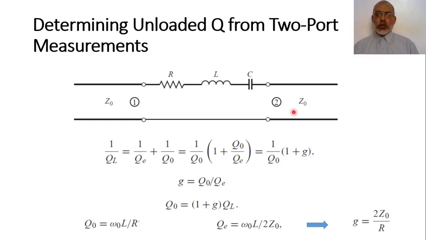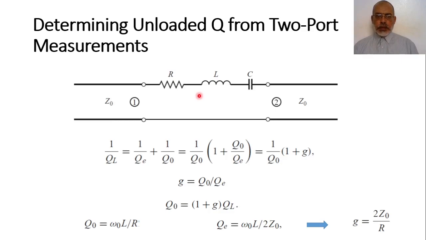This is equivalent to connecting the two terminals of the series resonator with an impedance equal to Z0. We have a Z0 in this port and a Z0 in this port. In other words, we connect this series resonant circuit with a load impedance equal to 2Z0, because effectively this Z0 is in series with this Z0, and they are connected directly to the series resonant circuit.